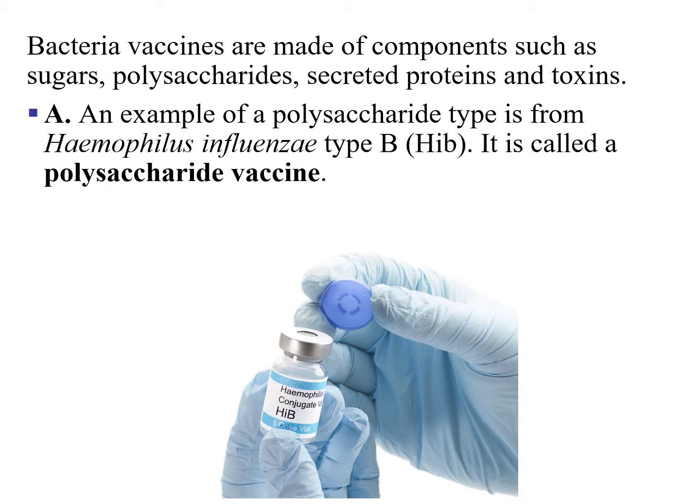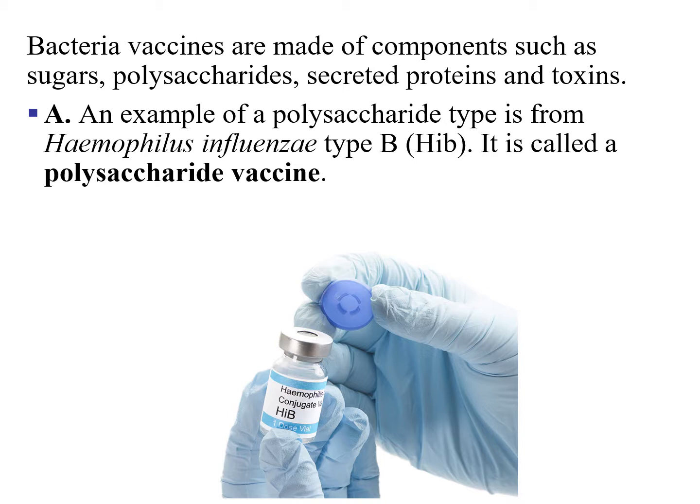So bacterial vaccines are made of components such as sugars that might make up their cell wall, polysaccharides, secreted proteins, and even toxins. One example that we'll discuss is the polysaccharide vaccines.